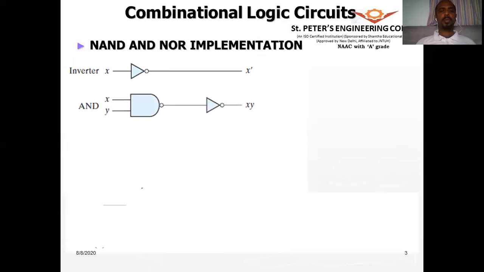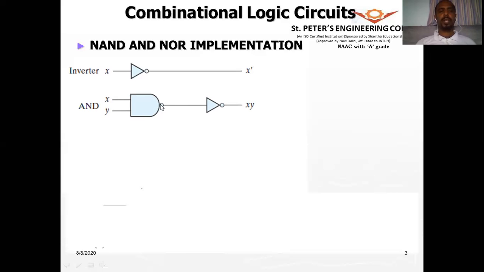Next, how do you make the NAND gate work as an AND gate? If X and Y are the inputs of this NAND gate, the output is X, Y complement, X and Y whole complement.